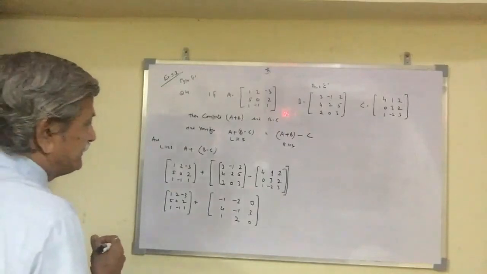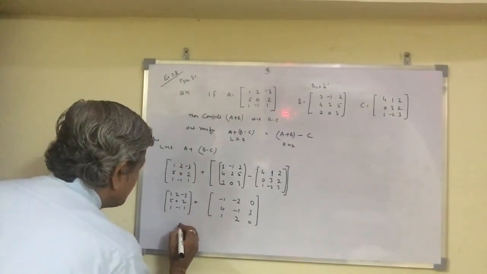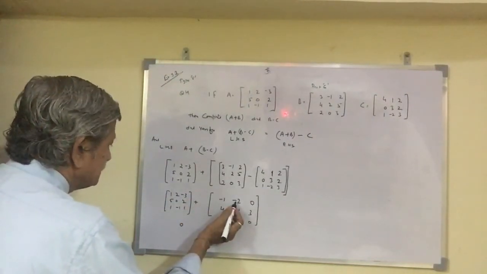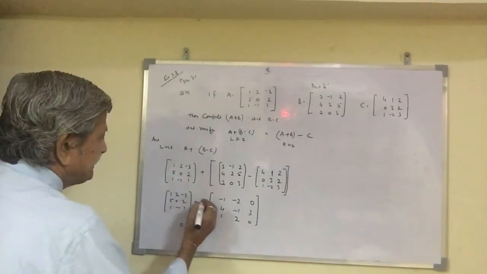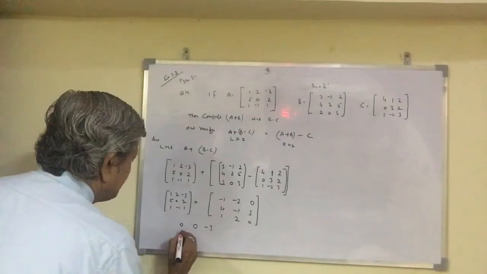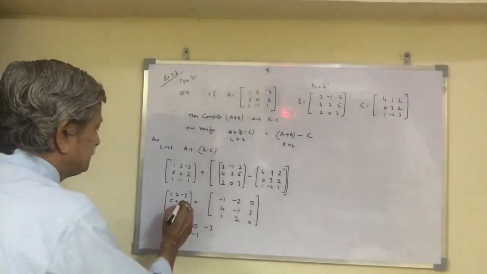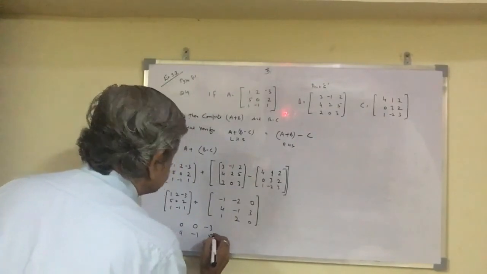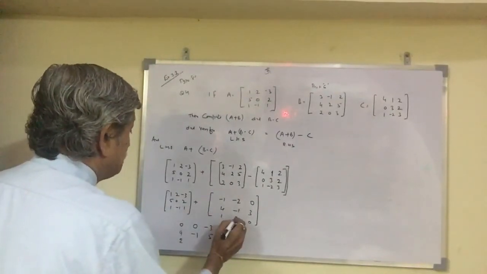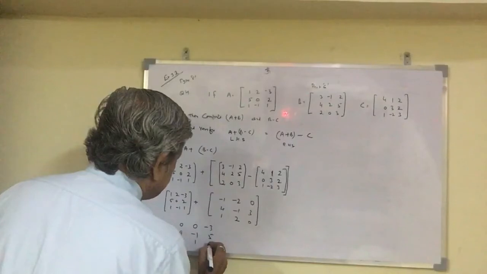So, 1 plus minus 1 goes off, 0, then 2 plus minus 2 goes off, 0, minus 3 plus 0 is minus 3, 5 plus 4 is 9, 0 and minus 1 gives you minus 1, 2 and 3 gives you 5, then 1 plus 1 is equal to 2, minus 1 and 2 gives you 1, and 1 plus 0 is equal to 1.